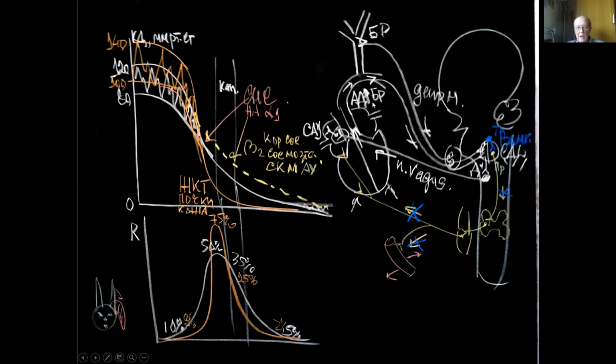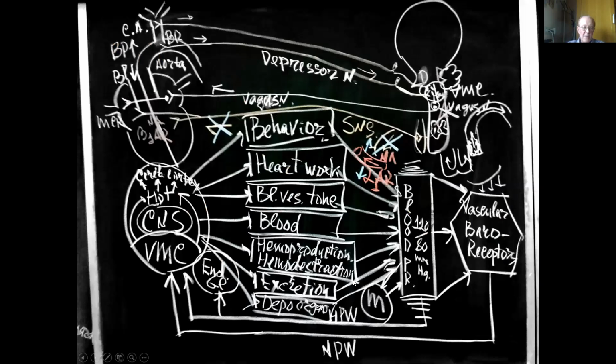It happens only during the increase of the arterial blood pressure. In this picture, I mark this depressor reflex with English letters. This is the heart, this is the blood pressure, it is increased.